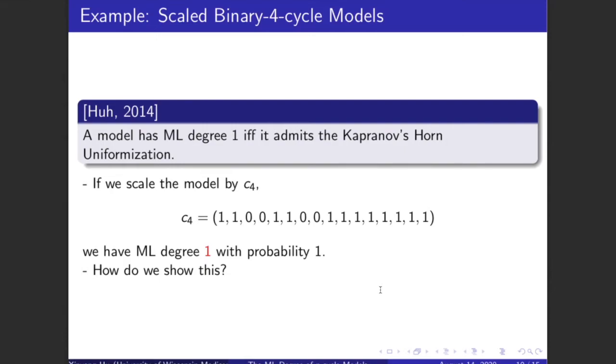Recalling the formulation of the special vector Cn in the main theorem, we write down the C4 in this case. And we claim that this C4 scaled model has ML degree 1. We will prove this using Huh's theorem by showing that the model admits the Horn uniformization.